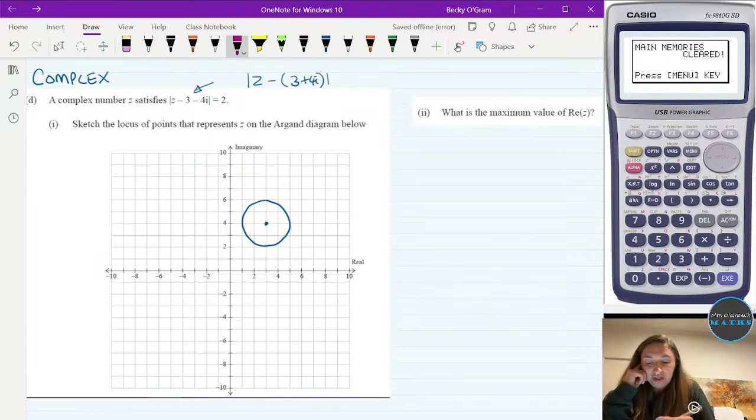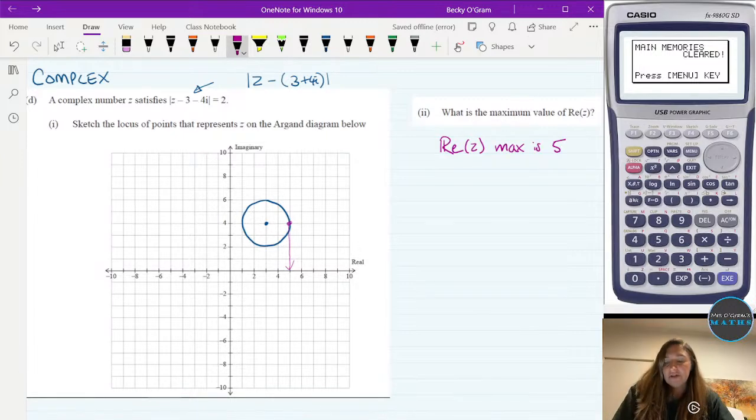If we popped z just here, that's where we'd get the largest possible real value, and that largest possible value is 5. So the real part of z max is 5. You could just write down 5. It'll be fine.